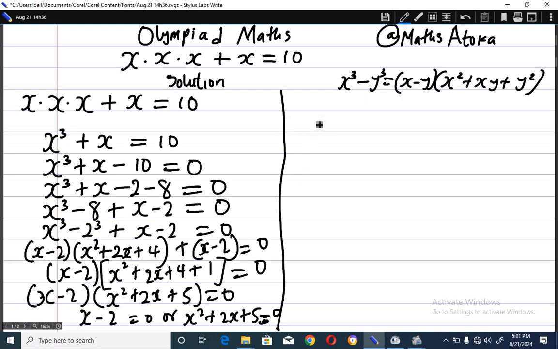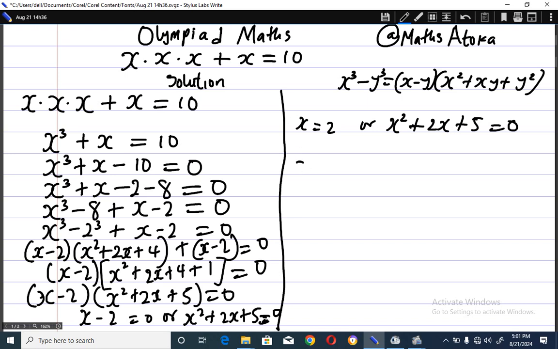Okay, so which means from here that x is equal to 2, or we have that what? x squared plus 2x plus 5 is equal to 0. So let's solve this one by the quadratic formula because it's not factorizable.